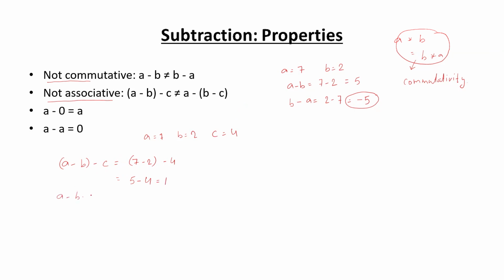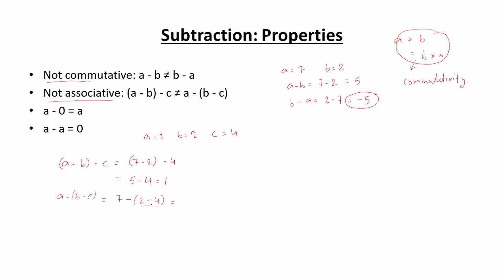A minus (B minus C). As I told you while doing addition also, the operation inside the bracket you have to do first. That is equal to 7 minus (2 minus 4). Again, you can see that you have to do this operation first. And you can see that actually you cannot subtract 4 from 2, right? Because 4 is much bigger than 2. But still, let's try to do that.